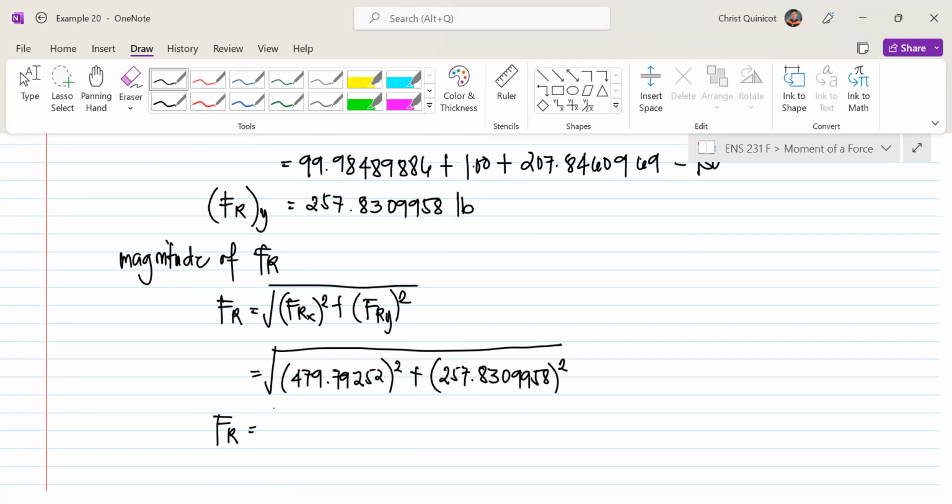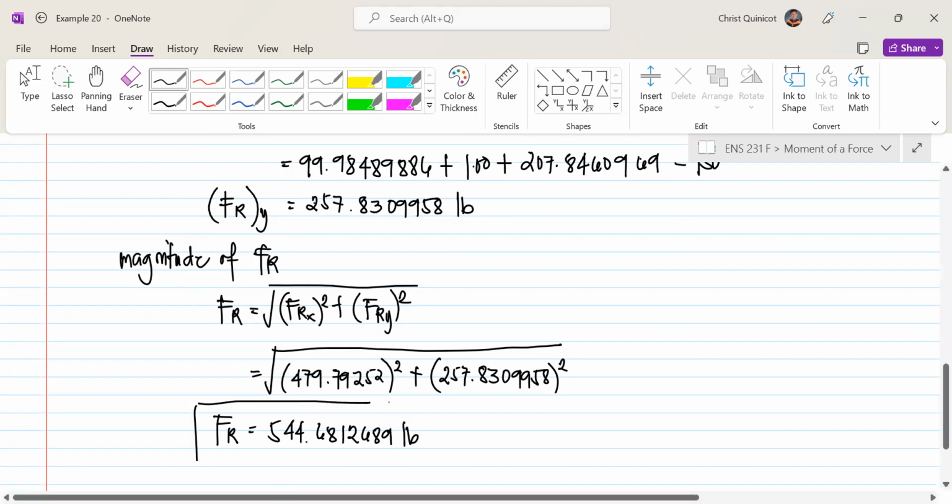Take the square root, that's 544.6812689 pounds. This is our resultant force.